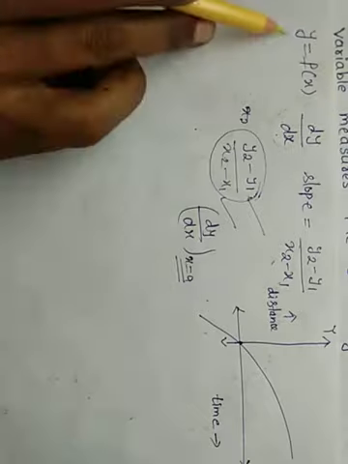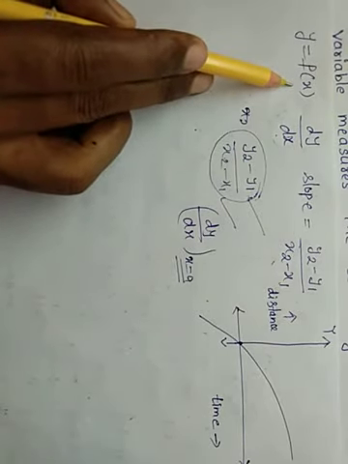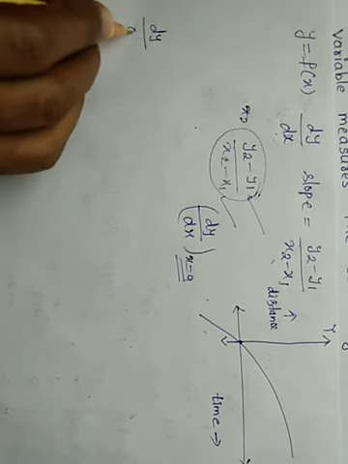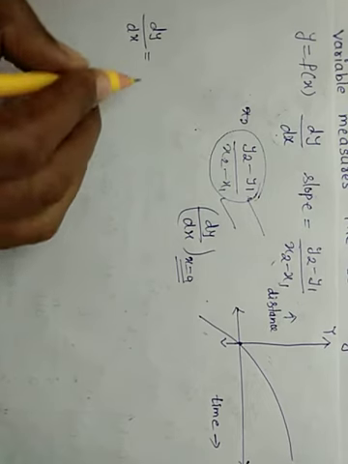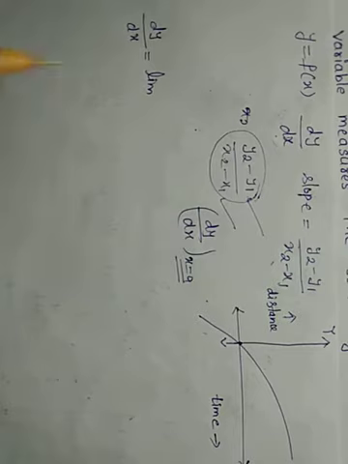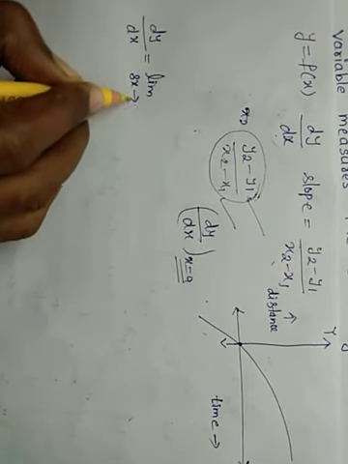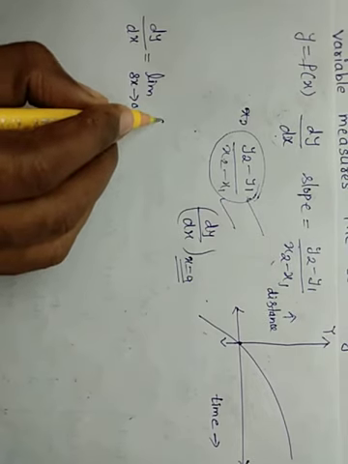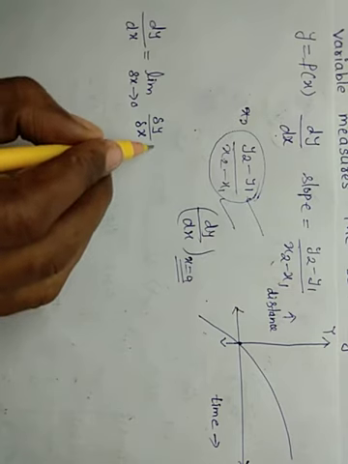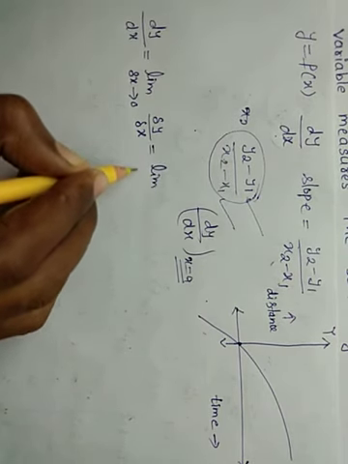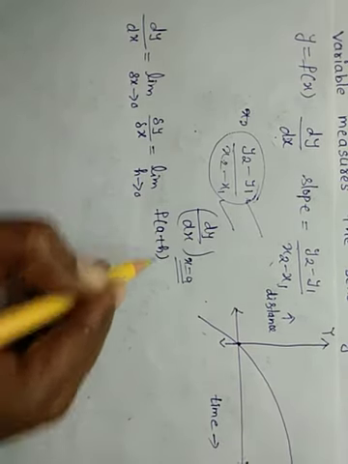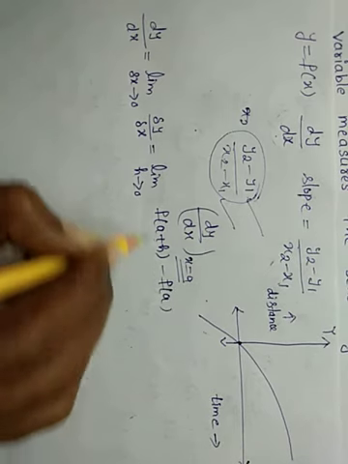Suppose, children, y equal to f of x. When y equal to f of x, then we know dy by dx is equal to what? Limit delta x tends to 0, delta y by delta x, which is equal to limit h tends to 0, f of a plus h minus f of a upon h.